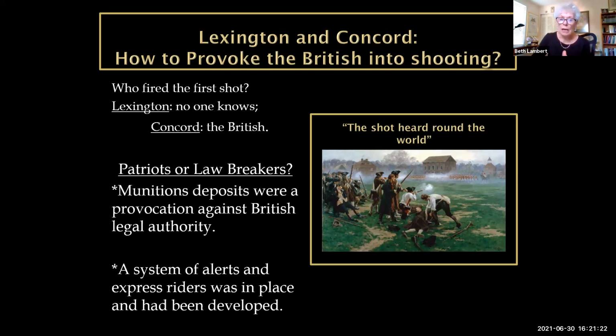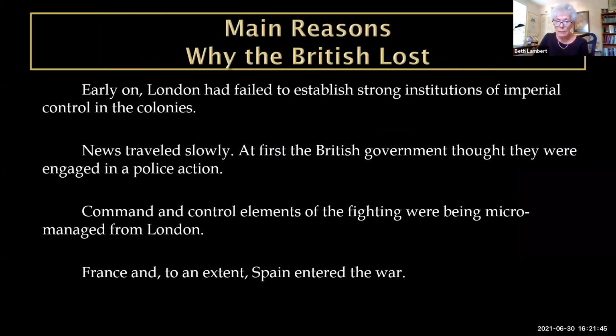Who fired the first shot? Lexington, no one knows. Concord, the British definitely did. These patriots at this point were lawbreakers because the munitions deposits were not theirs. And already in place was a system of express riders and signals, by land, you know, one if I see, kind of thing.